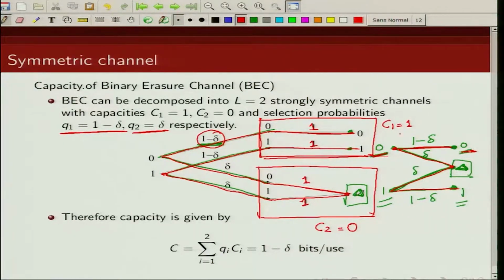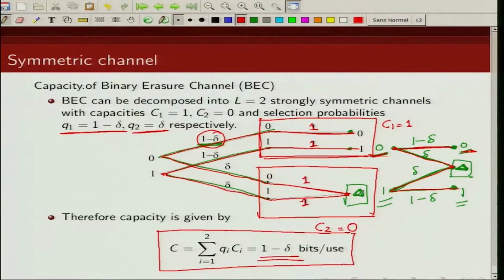So, the overall capacity will be the selection probability of the first channel, which is 1 minus delta, times 1, plus delta times 0. So, the capacity of a binary erasure channel is 1 minus delta bits per second. This example illustrates that the binary erasure channel is not a strongly symmetric channel, but it is a symmetric channel, because we are able to decompose it into two strongly symmetric channels.